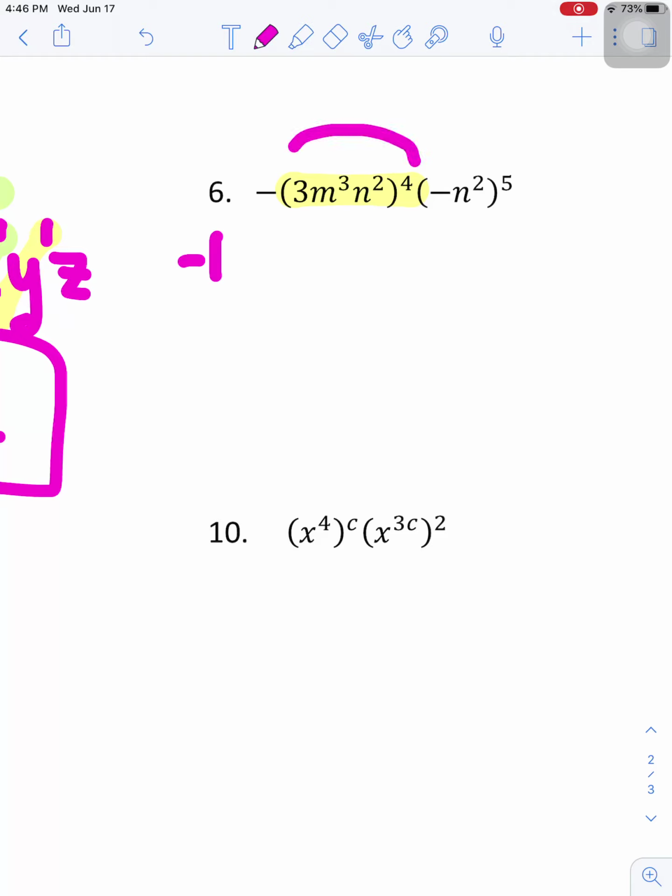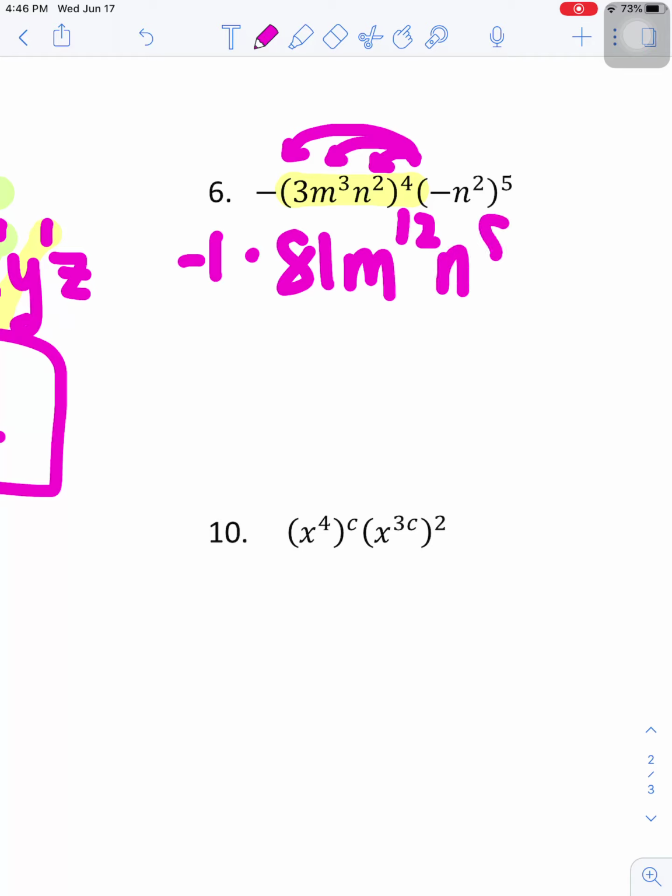Because that exponent is outside, you're going to raise everything in those parentheses to the 4th. Now notice that -1 that was out front, you're not raising to the 4th power because it was not in the parentheses. So then we have 3 to the 4th power, which is 81. Then m to the 3rd raised to the 4th would be m to the 12th. n squared raised to the 4th is n to the 8th.